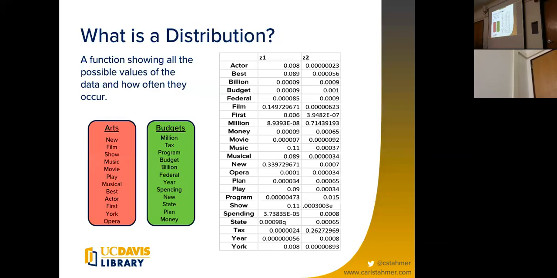So in this particular case, I take my 2 bags of words for my 2 topics, arts and budgets, my topic Z's. What I get is a distribution for Z1, which is arts, that says the word actor has a 0.008 probability, best has 0.089, billion has 0.009. And so this describes that distribution.